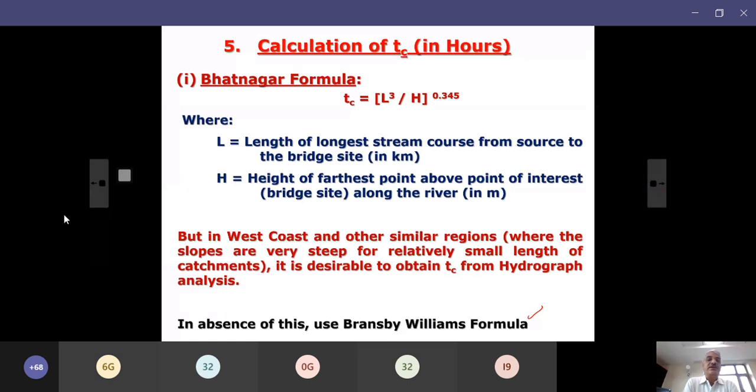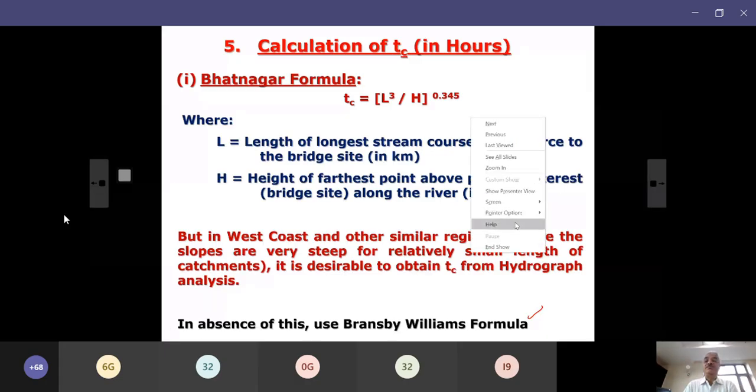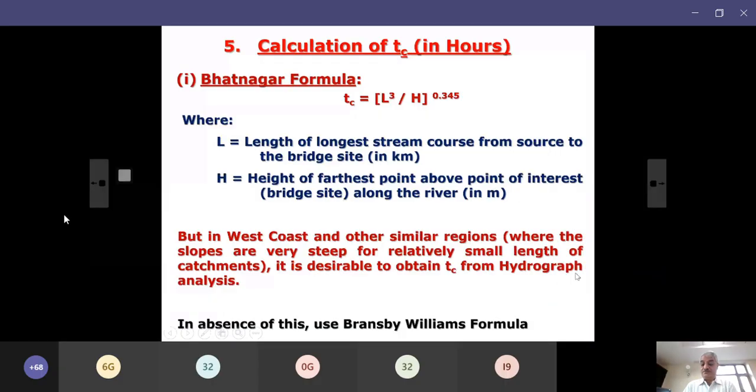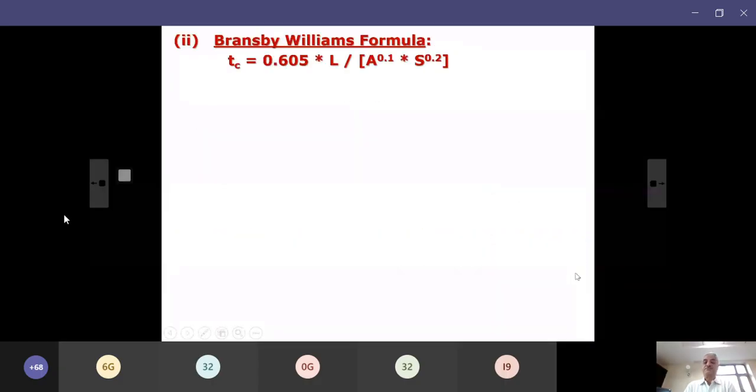So for most of the catchments, use Bhatnagar formula. For catchments having steep slope and less length of stream, especially like west coast, we may use Brensby-Williams formula. And what is that formula? This is the formula.